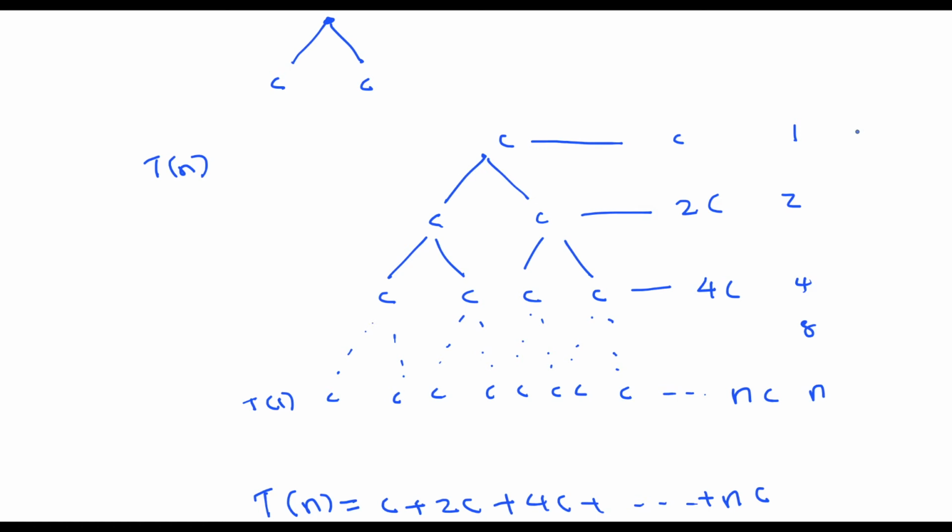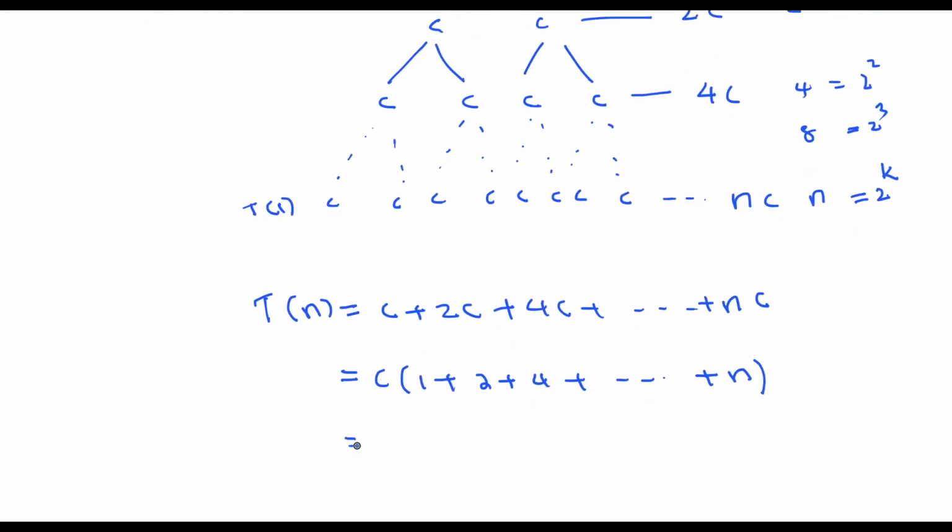Okay, so this is actually 2 raised to 0, and this is 2 raised to 1, this is 2 square, this is 2 cube. We don't know what this is, but we can write it as 2 raised to k. So this sum can be modified as c into 2 raised to 0 plus 2 raised to 1 plus 2 square plus etc. up to 2 raised to k.